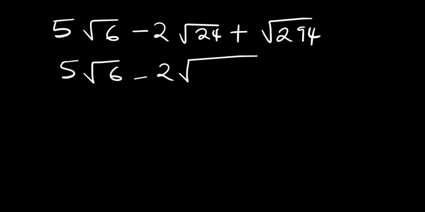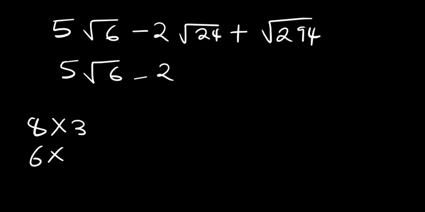For 24, I can separate it into perfect squares. There are two numbers I can use: 8 multiplied by 3 or 6 multiplied by 4. Now 8 is not a perfect square, 3 is not a perfect square, so I'm going to go for the second scenario: 6 multiplied by 4, because 4 is a perfect square.